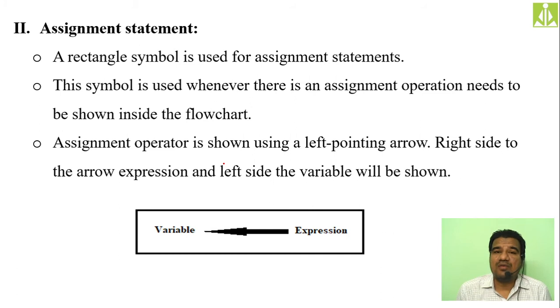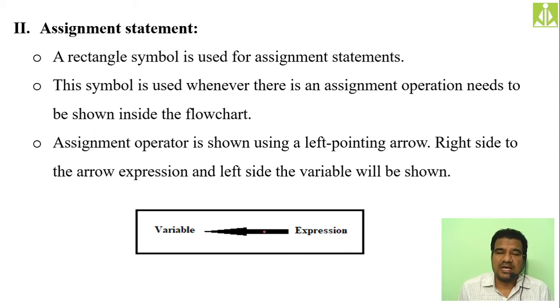So how do we represent an assignment statement in our flowchart? With a rectangular box, like this. This rectangular box will represent the assignment statement. Whenever you want to show the assignment operation inside the flowchart, we have to use this assignment statement.